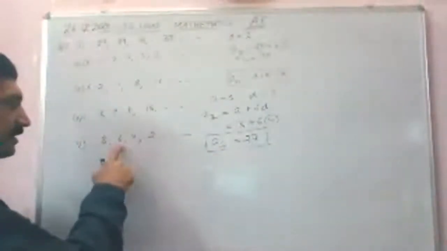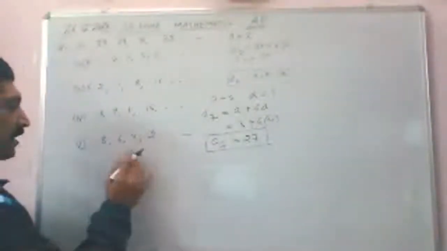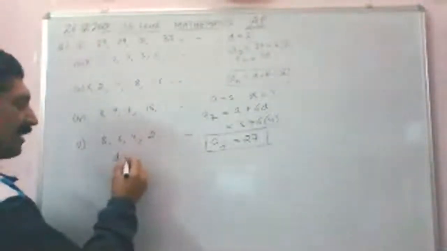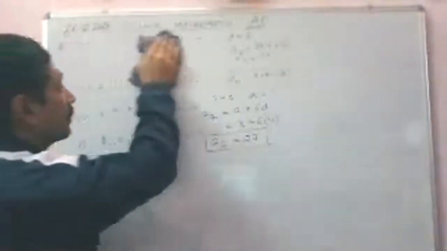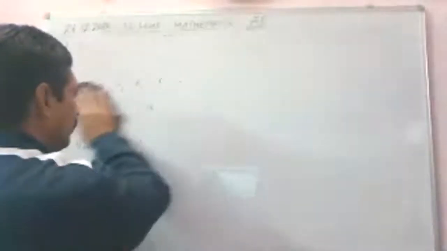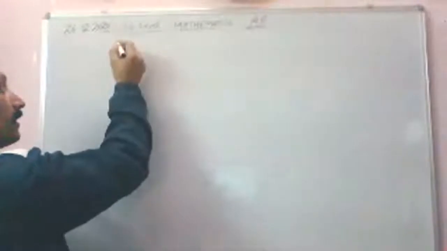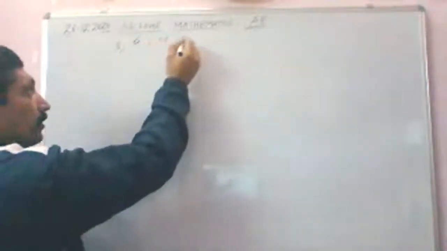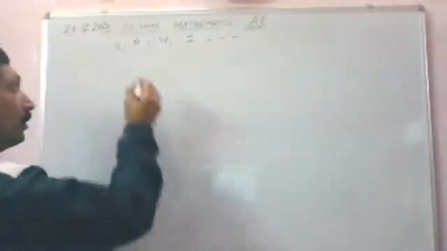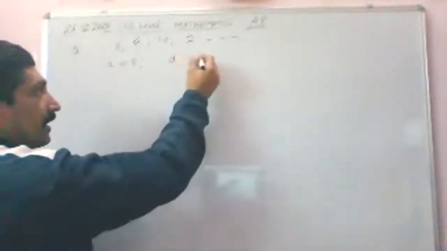Whereas 8, 6, 4, 2 is also an AP because the common difference is the same. D here is minus 2 and A is 8.